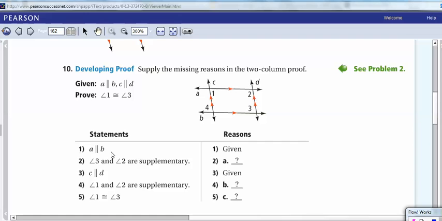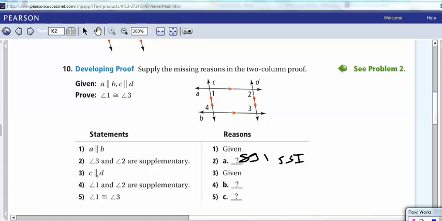Angle 3 and angle 2 are supplementary. Well, why are they supplementary? Same side interior.